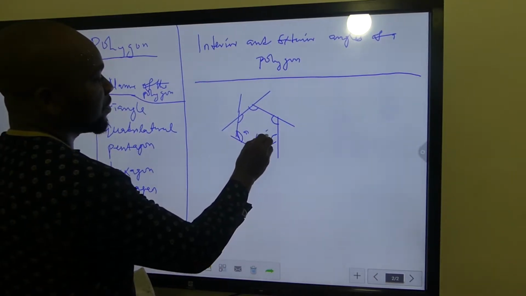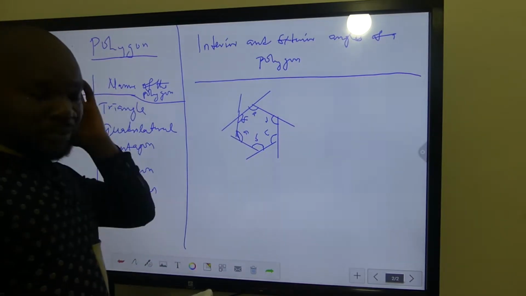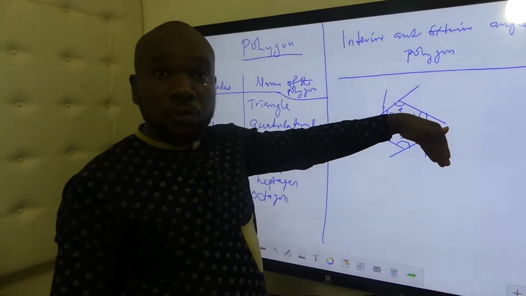You can label this A, B, C, D, E, F. Then we say that the sum of these angles is equal to what?